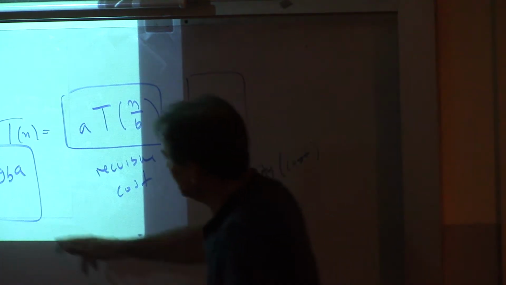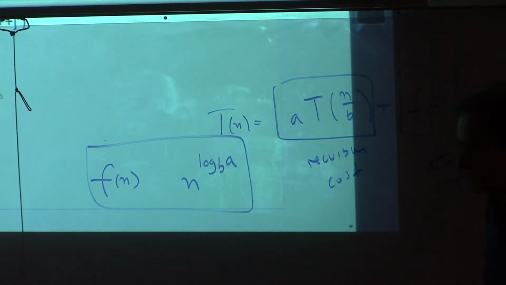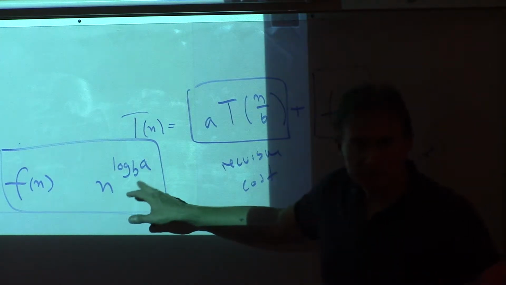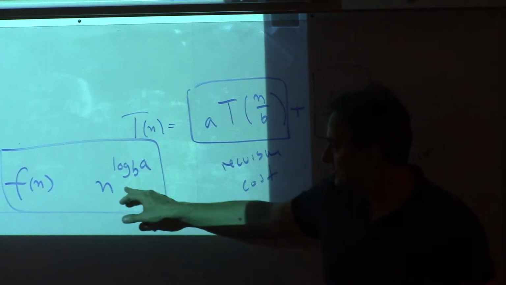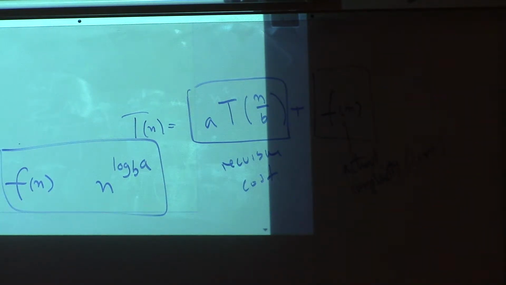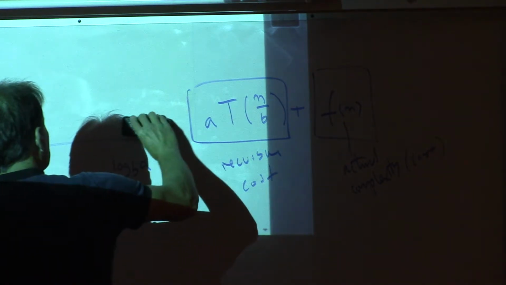Now, do we understand what n to the log b of a is? Did you get to that part, Lokesh? Did you explain what n to the log b of a is, this magical quantity? No. All right, well, we're going to get to it. So watch very carefully.